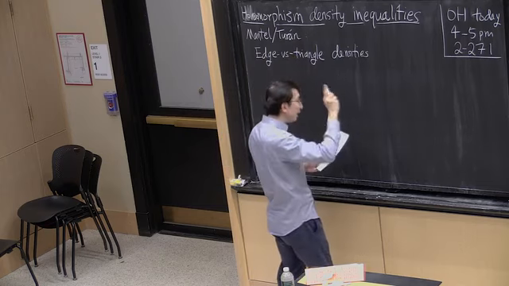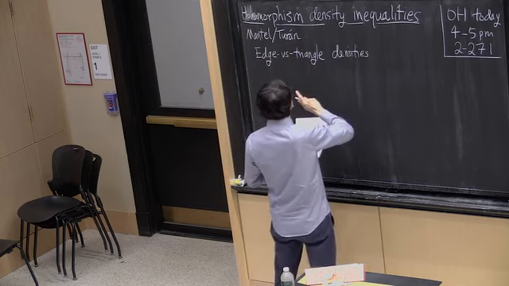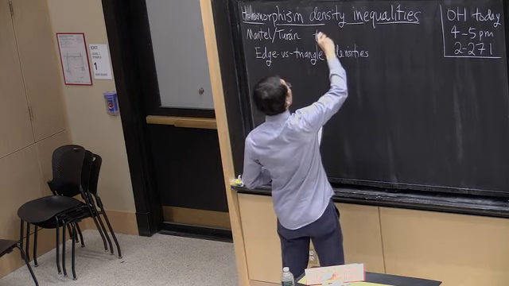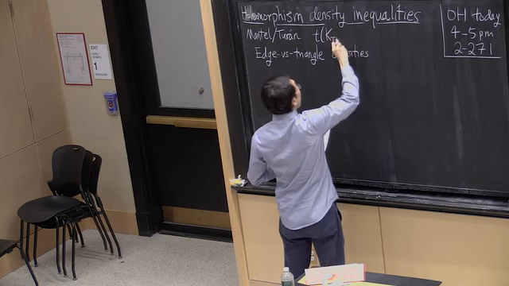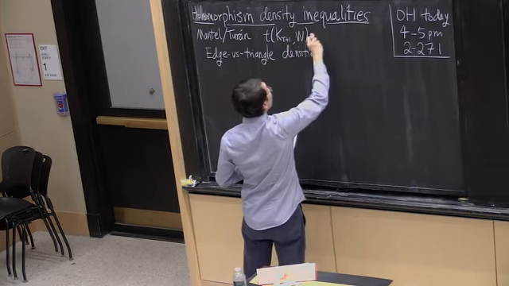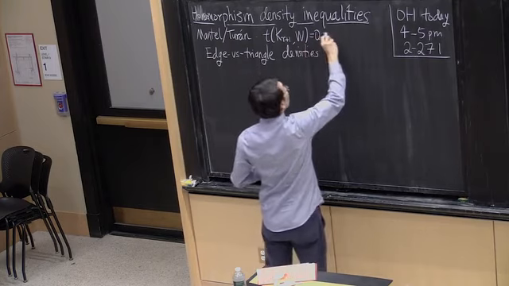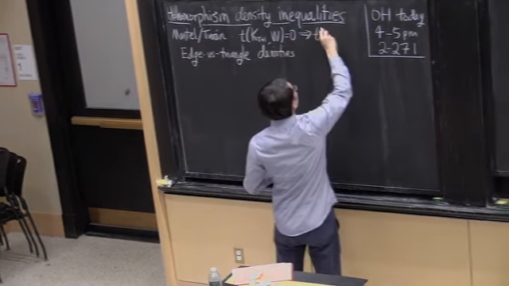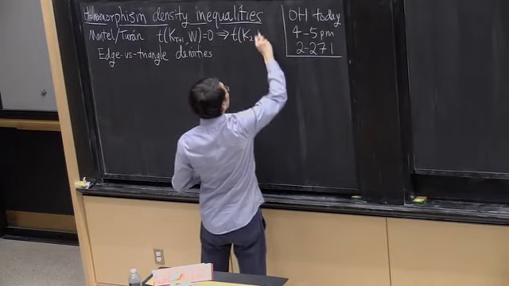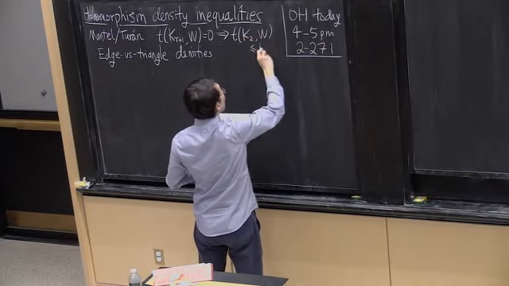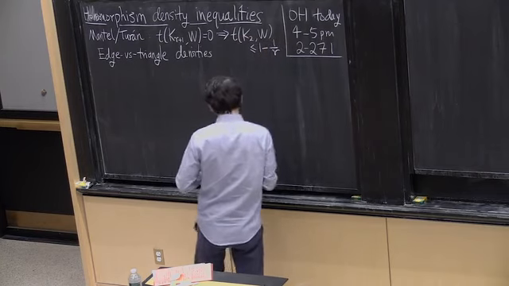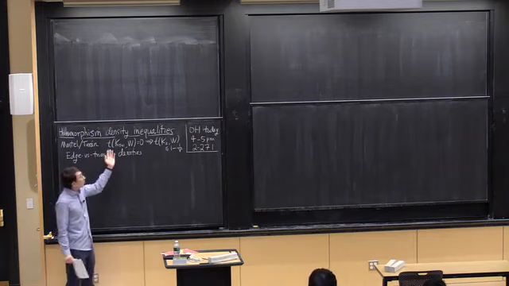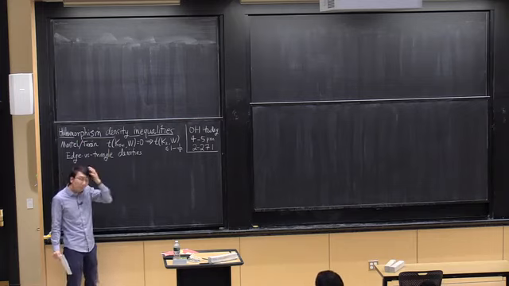The statement I just said, and more generally Turán's theorem, tells us that if the K_{r+1} density in W is 0, then necessarily the edge density is at most 1 minus 1 over r.